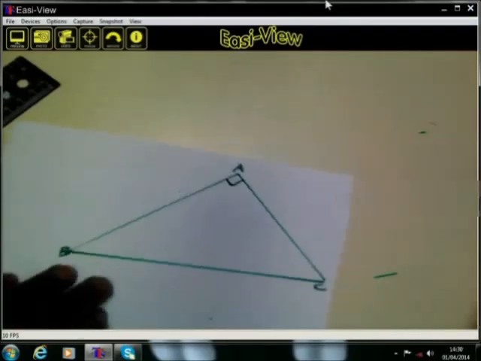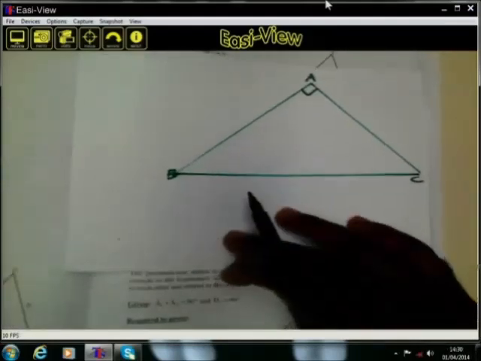Now, if we read the theorem, it says the line drawn from the vertex of the right angle, from the corner. The vertex is the corner of the right angle. So what is requested of us is to draw the line coming from the vertex of the right angle.